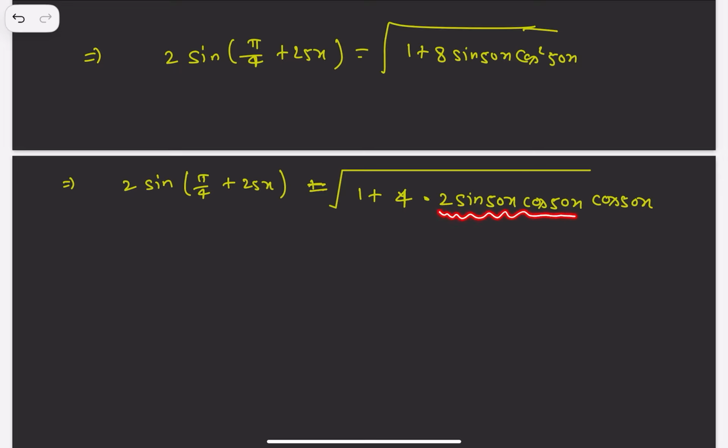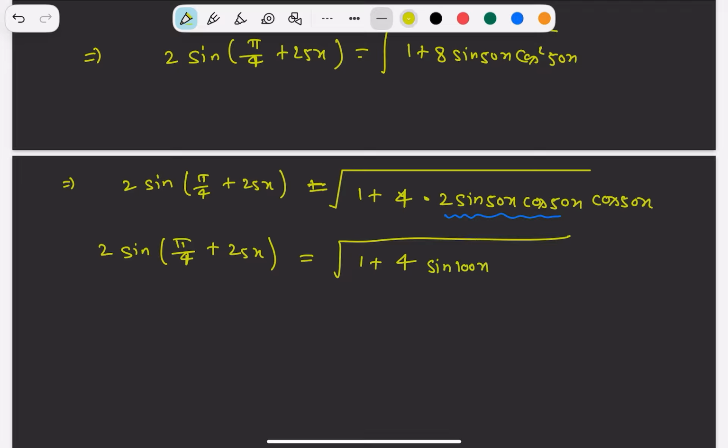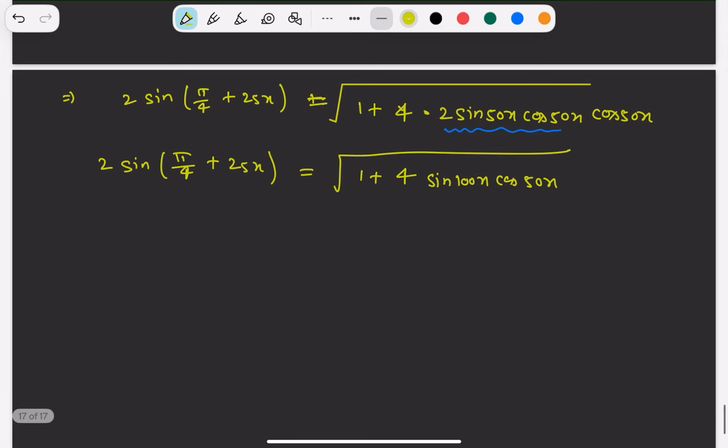So why am I writing this? Because I can use this as 2 sin theta cos theta. So what are we going to get now? 2 sin of pi by 4 plus 25x equal to root over 1 plus 4, and this will become sin 100x into cos 50x, correct.